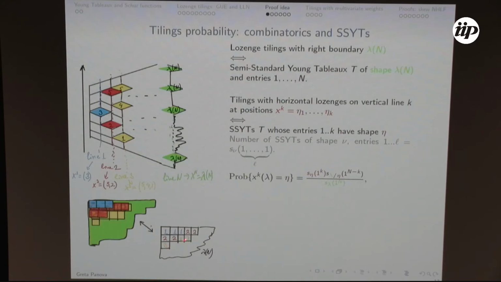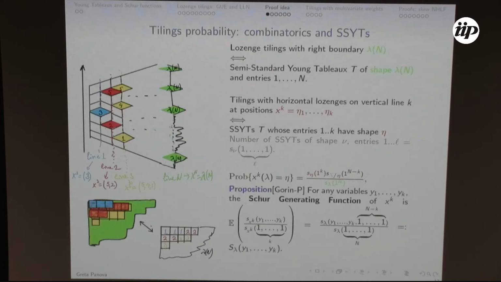Then the probability that we will see this configuration is equal to the number of semi-standard tableaux of shape nu with k entries, times the number of skew semi-standard Young tableaux of the remaining skew shape, basically the region between lambda and nu. The number of semi-standard Young tableaux with entries from 1 up to k is just the evaluation of the Schur function at 1 up to k, all ones. So one can write the probability for seeing something on the vertical line as a ratio of Schur functions.